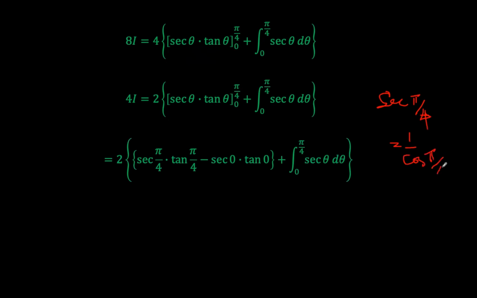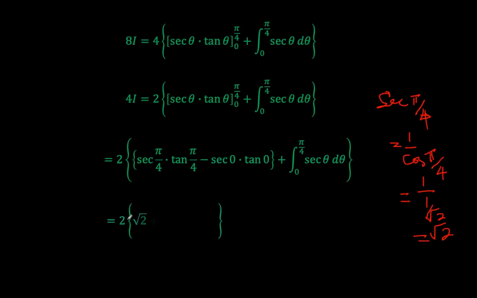And we know cosine of pi over 4 is the same as cosine of 45 degrees, which is 1 over square root of 2. And so this is the same as square root of 2. And we already know that tan of pi over 4 is 1.